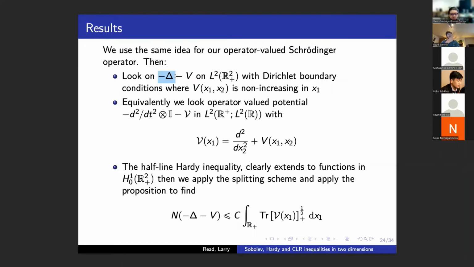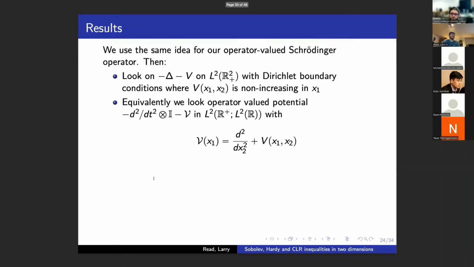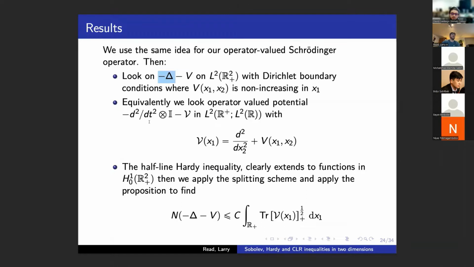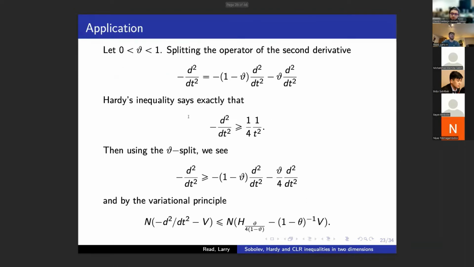Then if you consider the splitting with the Hardy inequality, on the domain of functions that vanish along the whole line x1 equals 0, then exactly what you can get from this operator is an operator with a Hardy term according to this scheme.